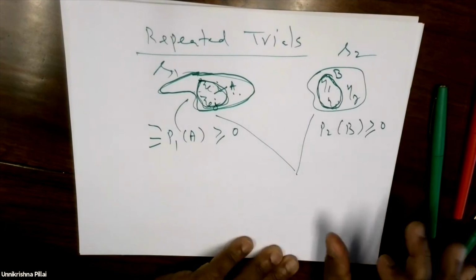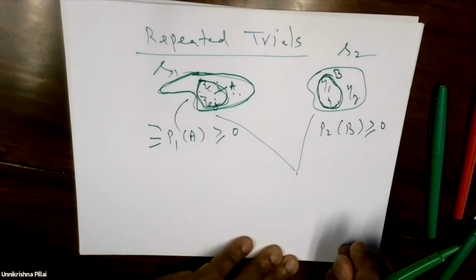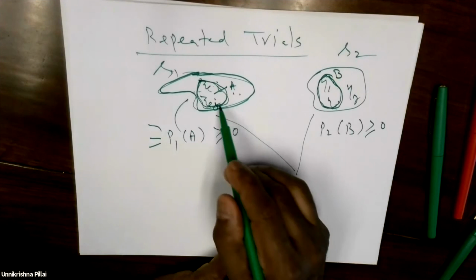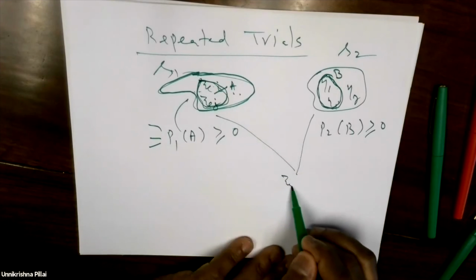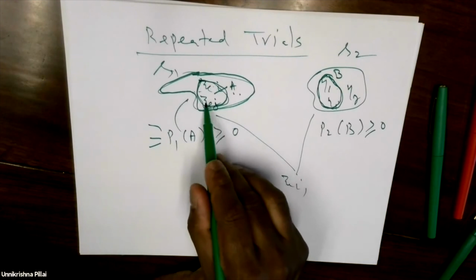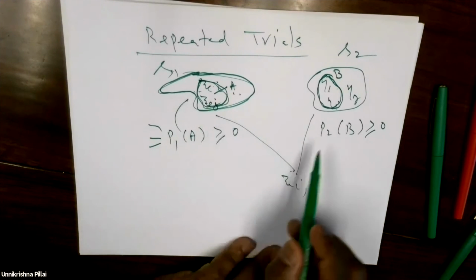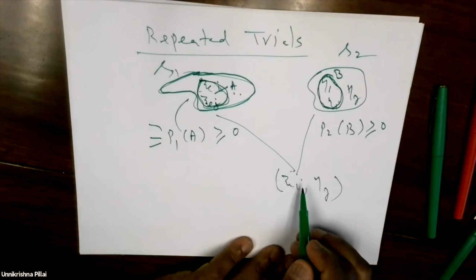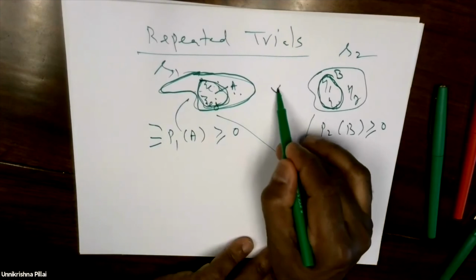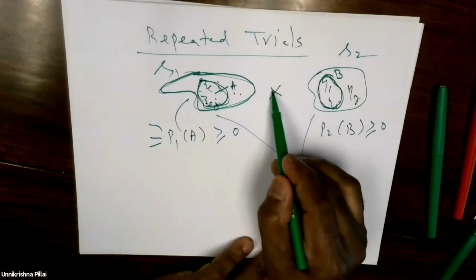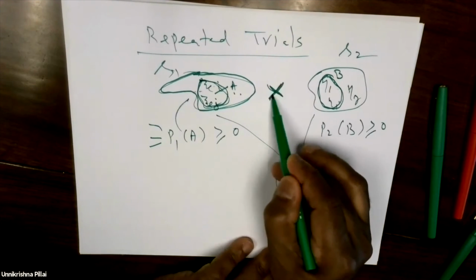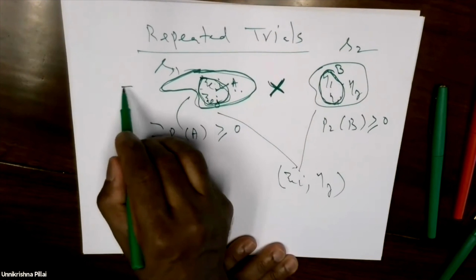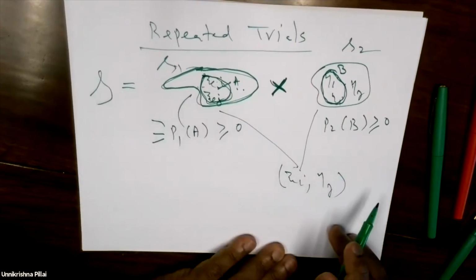In any case, at the end, we want to consider the combined experiment. When I say combined experiment, I want an outcome from here, and an outcome from here. In some notation, I'm going to use this Cartesian product to denote the combined experiment.